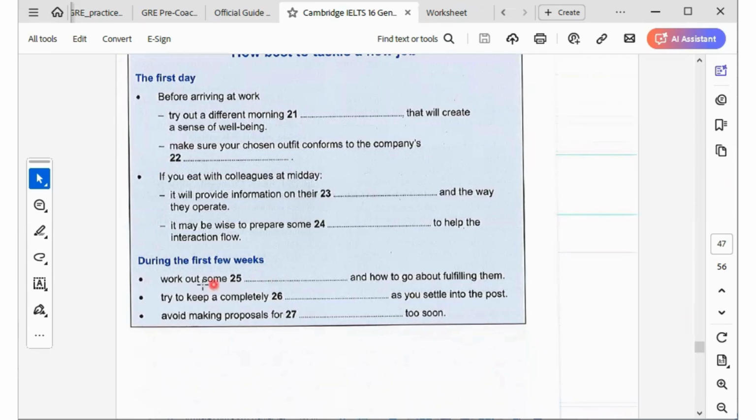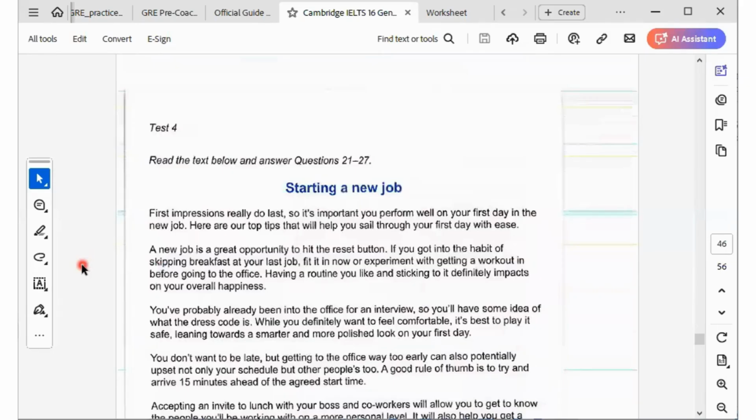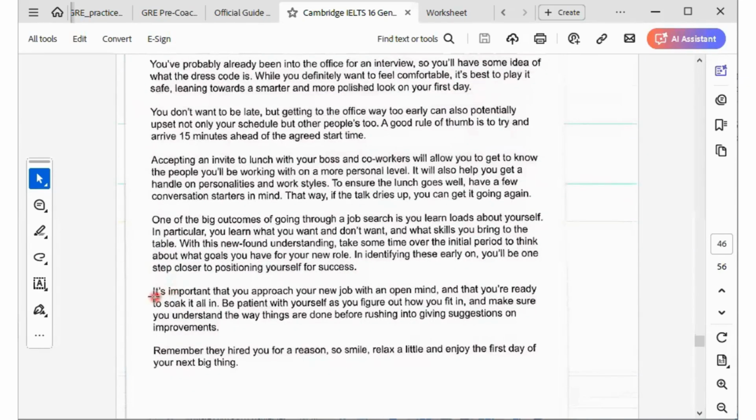And then number 25. Work out some dash and how to go about fulfilling them. So during the first few weeks, work out some dash. Work out, that's a keyword here. Fulfilling them is also a keyword. So back to the passage. It is important to approach your new job with an open mind. Hold on, no, this paragraph.